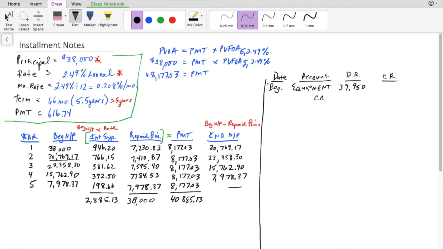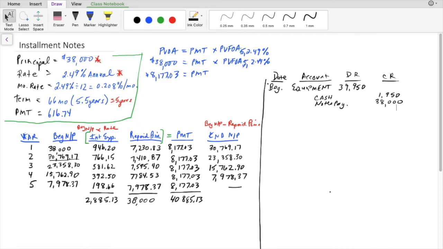I'm going to credit cash for $1,950. That was the down payment. And I'm going to credit notes payable for $38,000, which is the amount that I borrowed. So that's my initial journal entry.